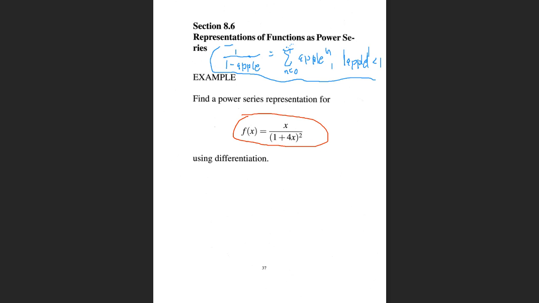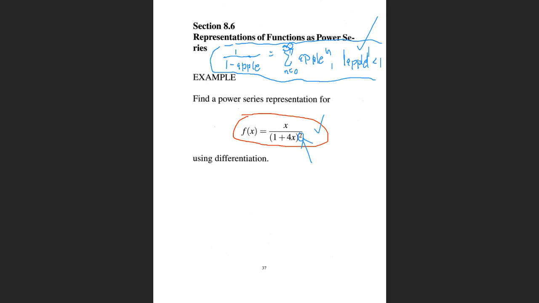Well, what makes this problem hard is you have this squared term here in the denominator. So you're not going to be able to use the Apple formula, my Apple formula, directly. You're going to have to do a little bit of manipulation on the function in order to utilize that Apple formula.